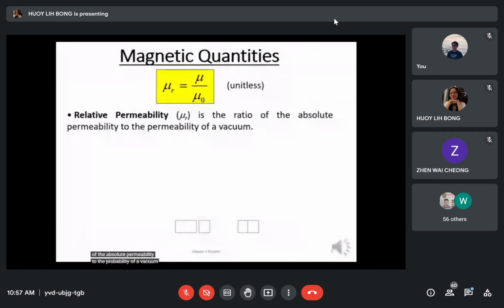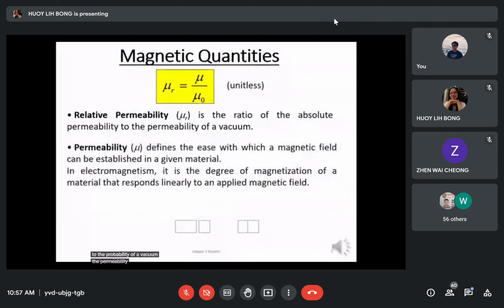The permeability mu defines the ease with which a magnetic field can be established in a given material. In electromagnetism, it is the degree of magnetization of a material that responds linearly to an applied magnetic field.